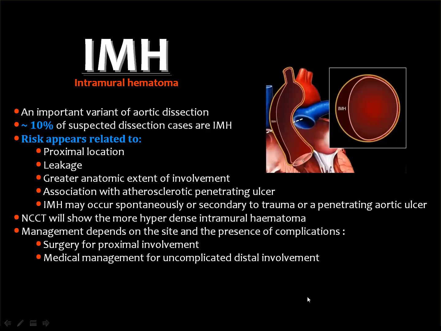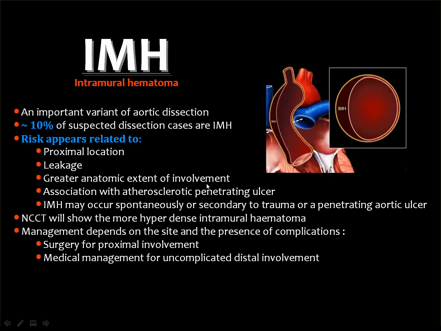Now we came to the intramural hematoma, which is an important variant, sometimes mistaken for aortic dissection. The risk factors are if the hematoma is proximally located, if there is leakage, if there is greater anatomic extent.